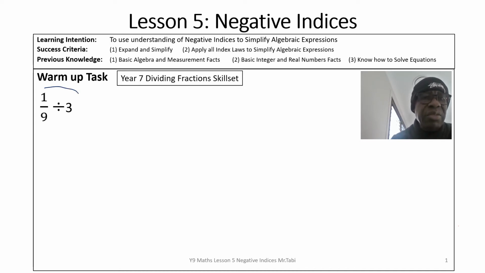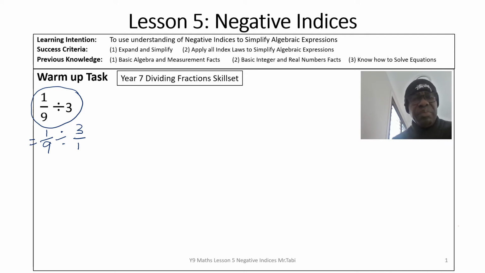Now as we set out to do this task, what I want you to keep in mind is that the whole number 3 can be rewritten as 3 divided by 1.